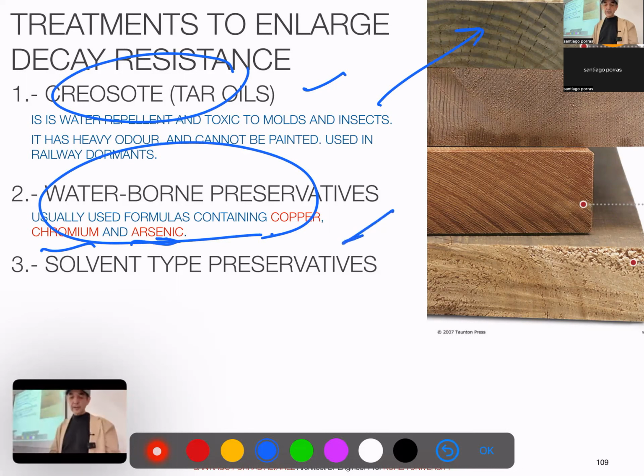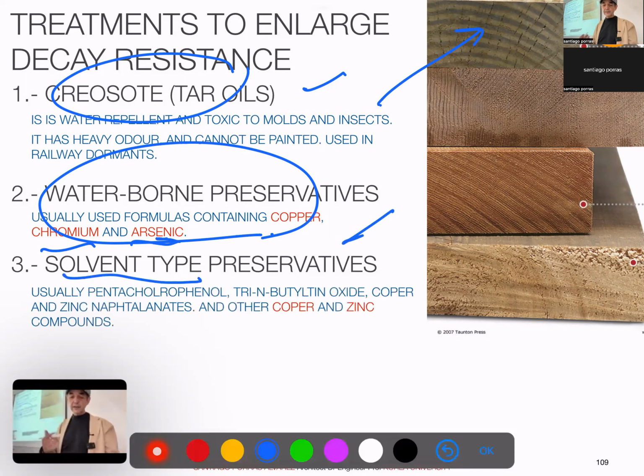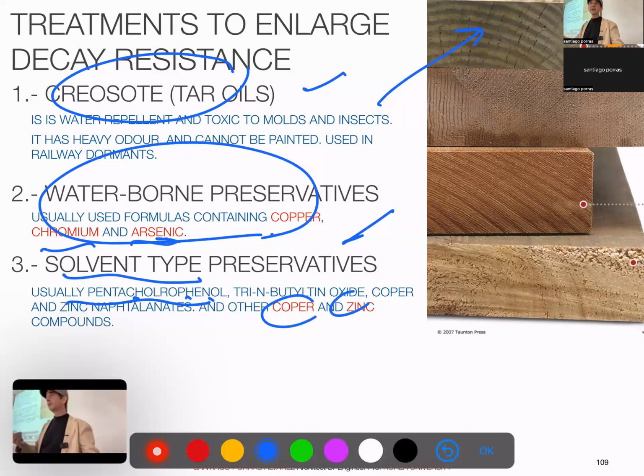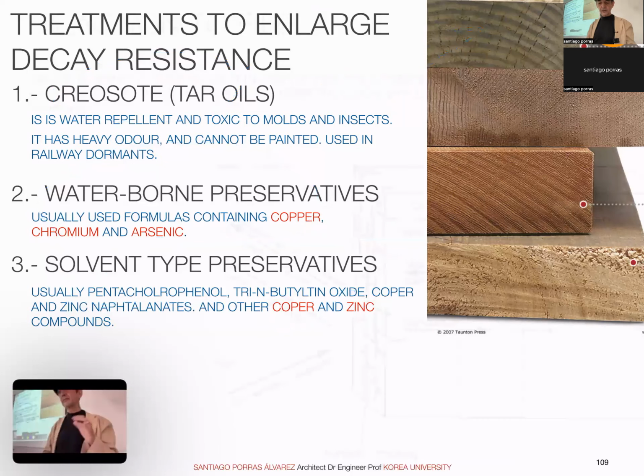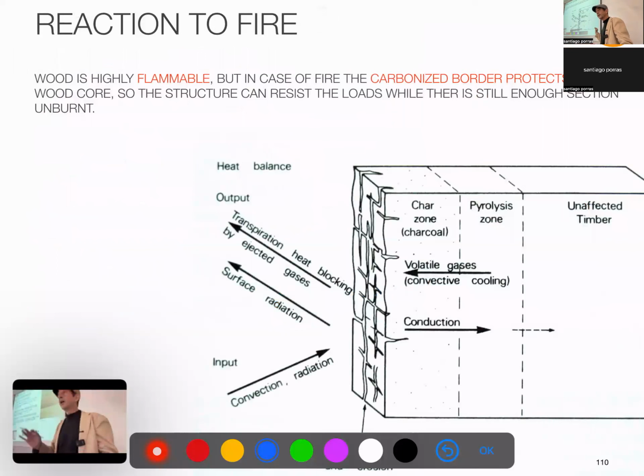And then the worst are the solvent type, which have not only the poison, but also some kind of very toxic alcohol, which goes to the atmosphere and increases the pollution. So this is industry standard, but remember that whatever we do to the timber is adding poisons to it. Just not great.